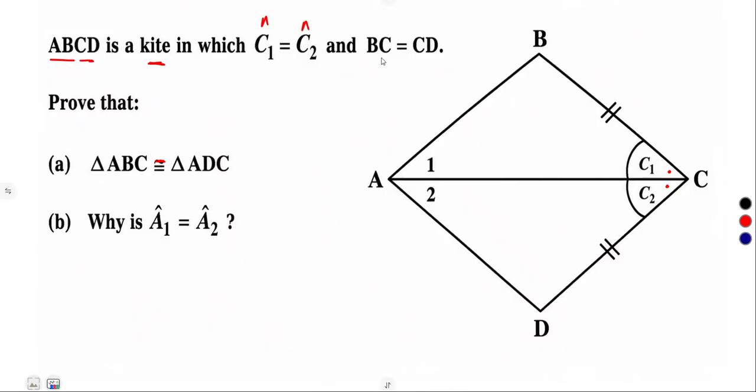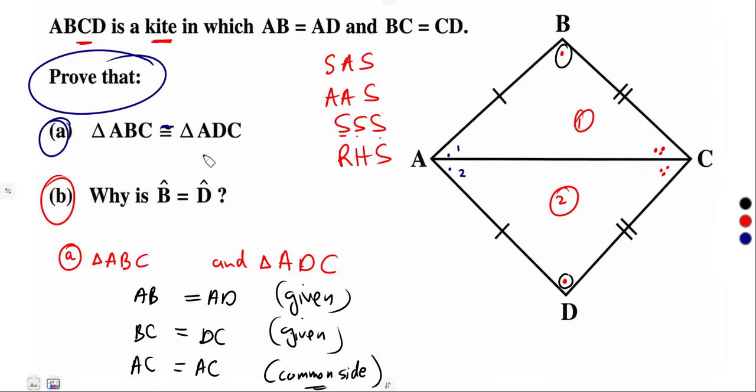And given the lengths BC and CD being equal, can we prove that these two triangles are congruent? We are going to prove the same thing as before, that the two triangles are congruent, but the case of congruence now is not going to be the same. We are to prove using another case of congruence.